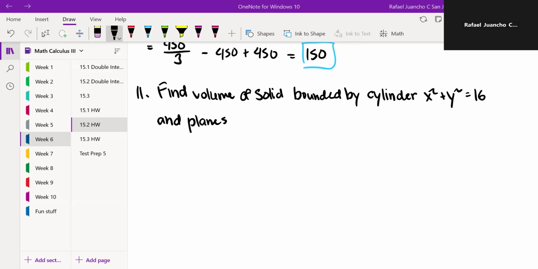Y equals 2z, my bad. X equals 0, y equals 0. So we know x and y as zeros are bounds. Now I need to find the other one.